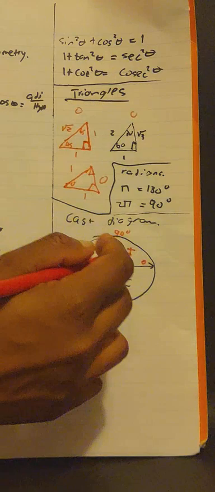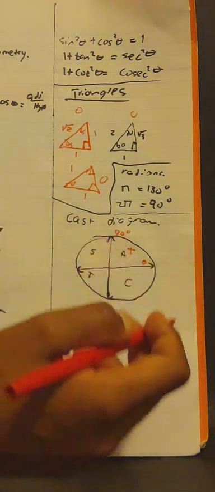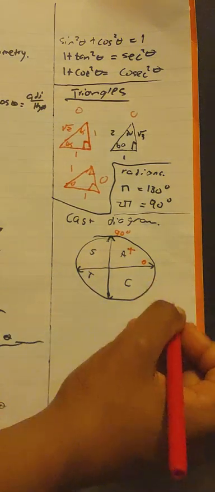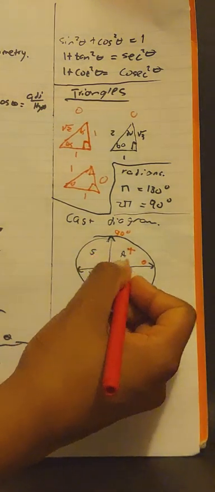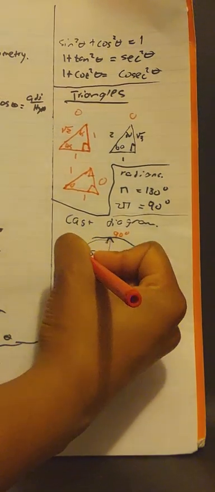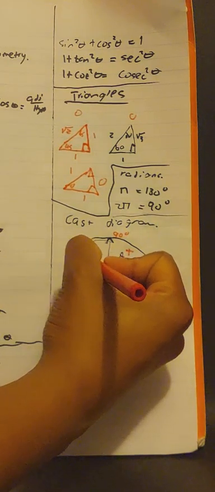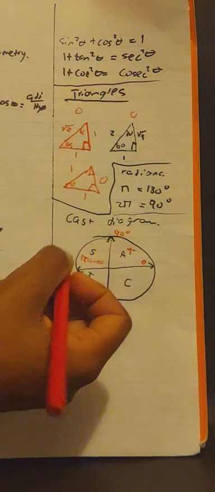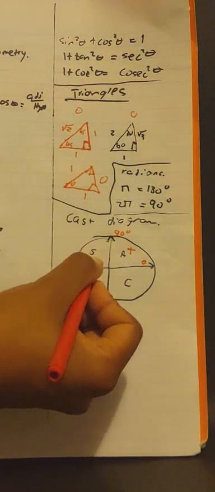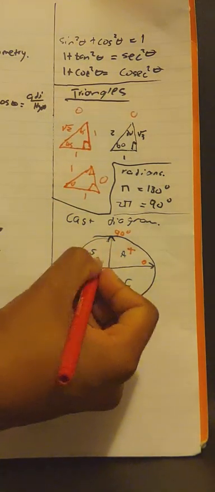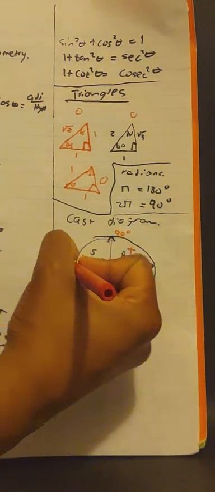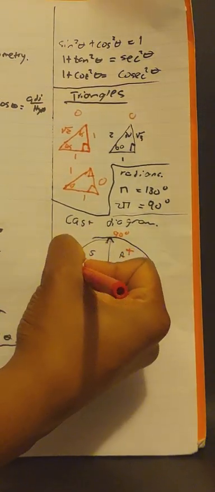Then on this side, sine, it's always 180 minus theta. So for every angle we go to 180 minus theta, or the given angle, and it's from 90 to 180 degrees.